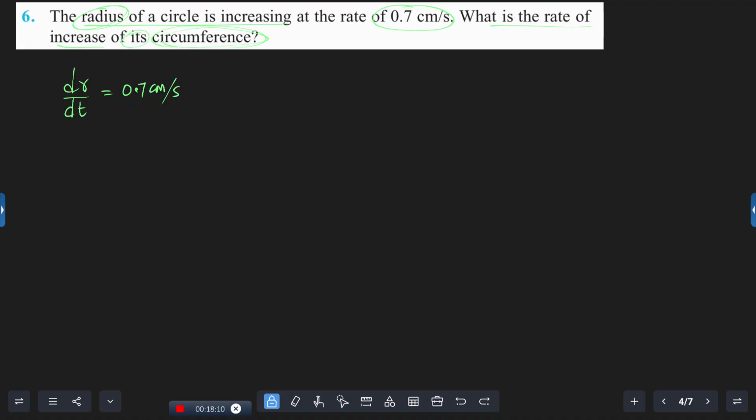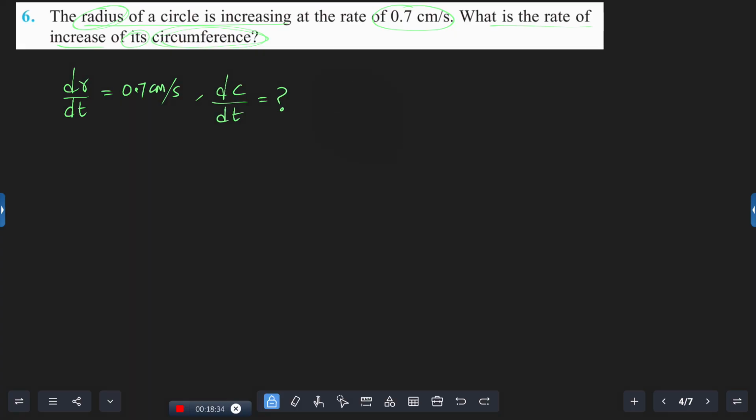Children, do you remember the circumference of a circle? 2 pi r. Very good. So they are asking for circumference C, I will take dC by dt, which is equal to question mark. Have you understood? Now, have you noticed here r equal to is not given?